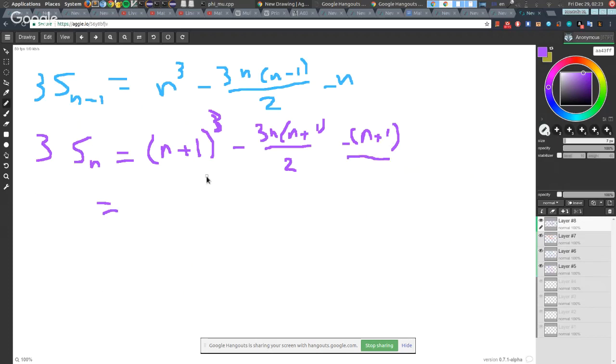From this here, actually I'll just take the n plus 1 over 2 as a common factor, n plus 1 over 2, to end up here having n plus 1 all squared times 2, here minus 3n, here minus 1.